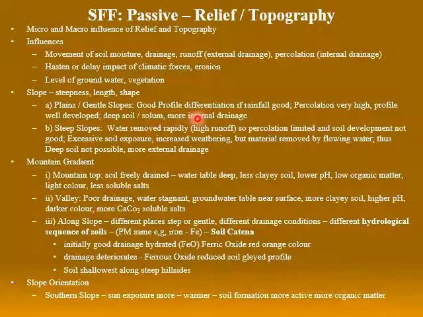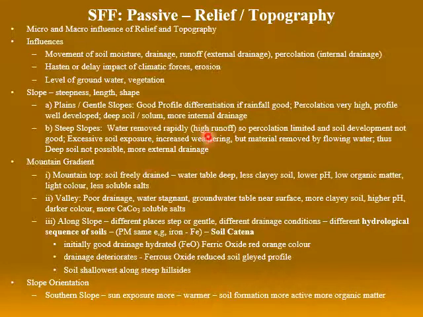So soils are very deep, as drainage is good and profile differentiation can happen. But on steeper slopes, surface runoff is very high, so percolation is limited, horizon differentiation or topsoil-subsoil mixing is not present, and thus horizon formation or deep soil formation is not possible.